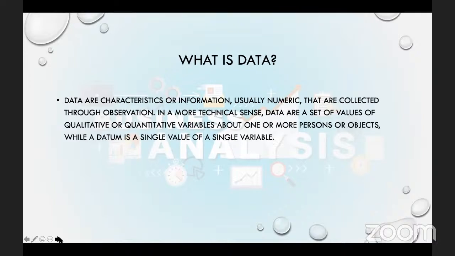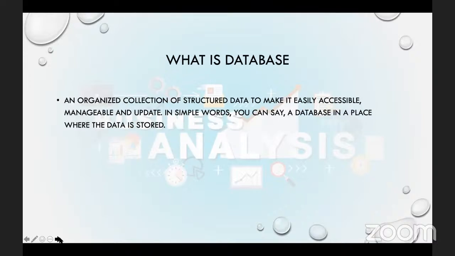So once we have qualitative and quantitative data, then what next? We need to have what we call a database, right? So what is a database? A database is an organized collection of structured data to make it easily accessible, manageable, and updatable.